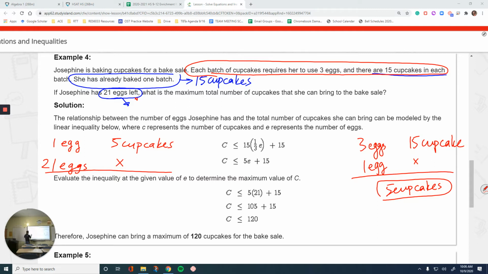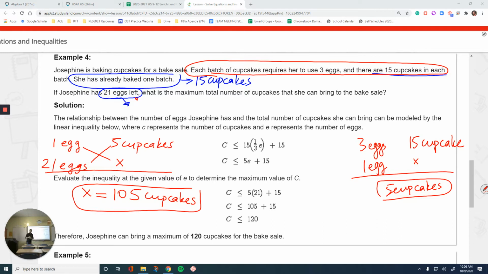So if I do cross multiplication, 1 times x is just 1x, and then equal, this is called cross multiplication, 21 times 5. That's going to be 105 cupcakes. So with 21 eggs I can make 105 cupcakes.